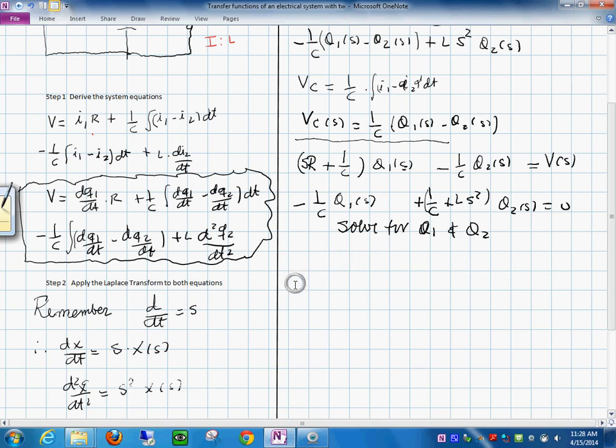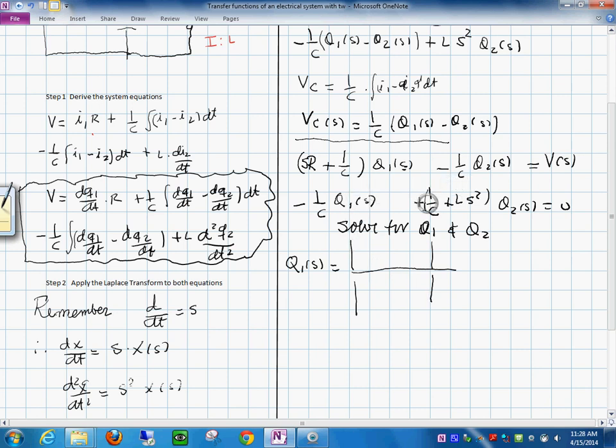Okay, so we can use Cramer's rule and say that Q1 of S is equal to, and you put the determinant on the numerator and the determinant on the denominator.